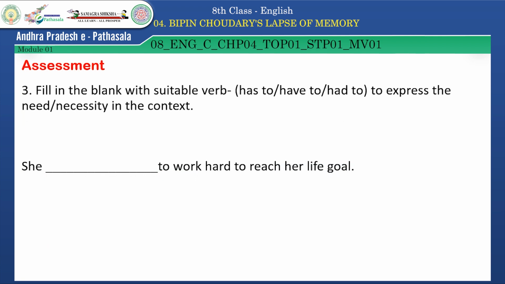Fill in the blank with a suitable verb. Has to, have to, or had to express the need or necessity in the context. Here the sentence is: She dash to work hard to reach her life goal.